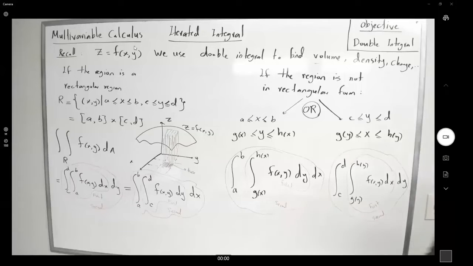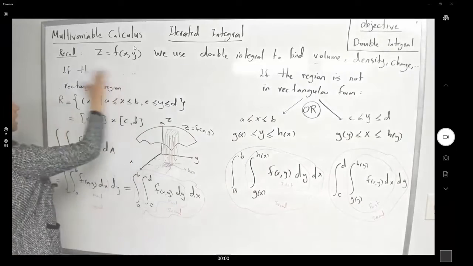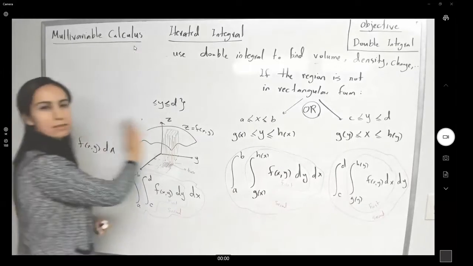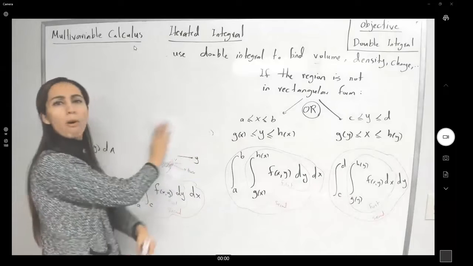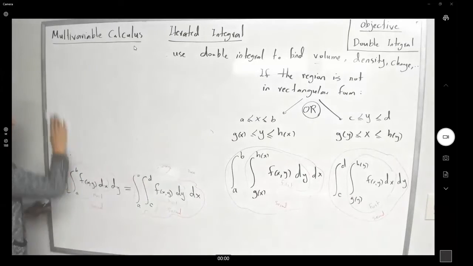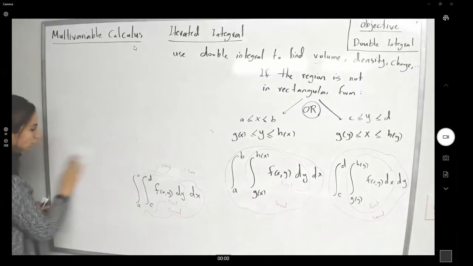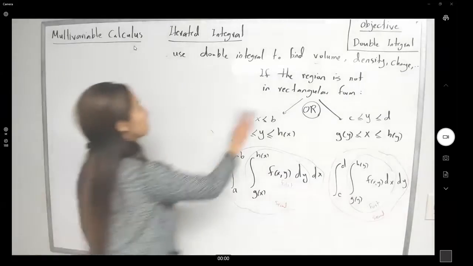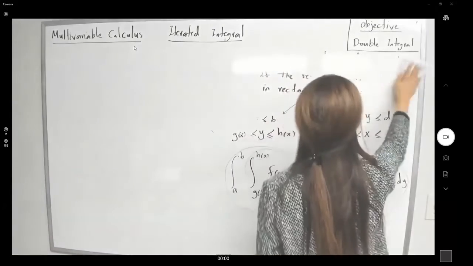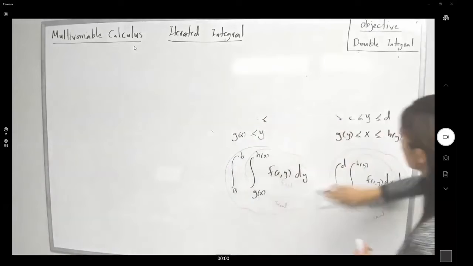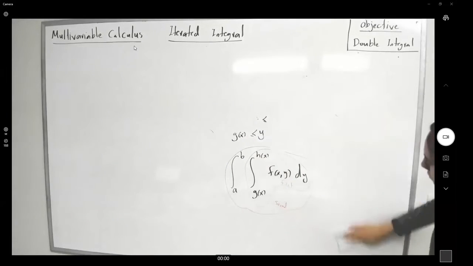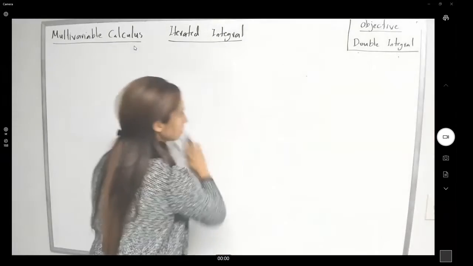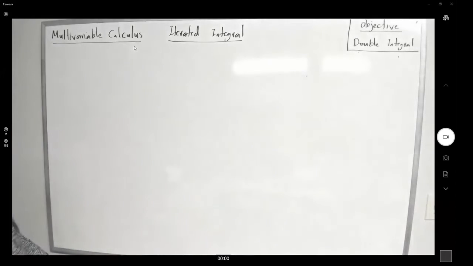Very well. Now we have this issue: what if we have a region that includes a circle or part of a circle? I'm going to write one example and explain what's going on here. So this is the example that we're going to work with.